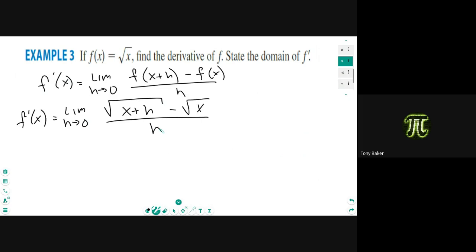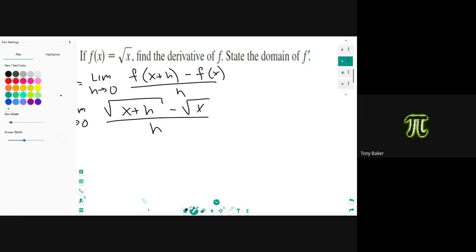So what was the method that we had done previously when we had square roots? Yeah, conjugate pairs. So if I multiply in this case the top by the square root of x plus h plus square root of x, over the square root of x plus h plus the square root of x.